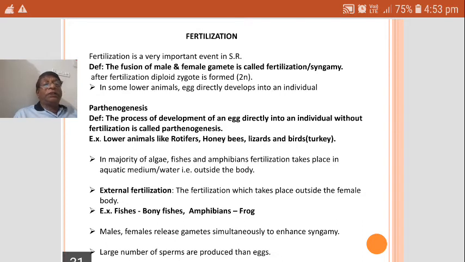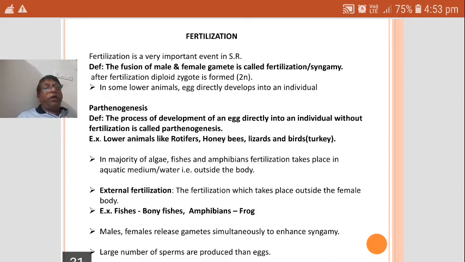So gametes are formed and the fertilization takes place outside the body of the female. We call it external fertilization. The fertilization which takes place outside the female body is called external fertilization.